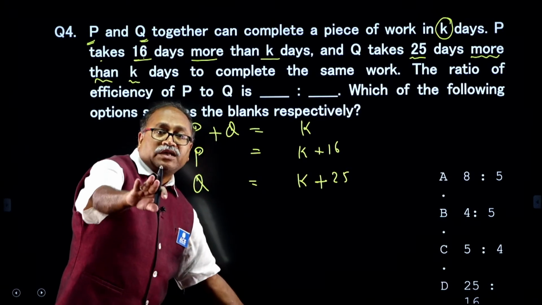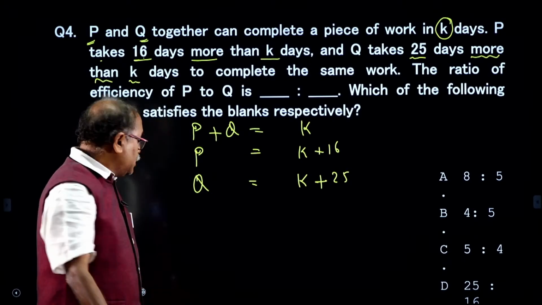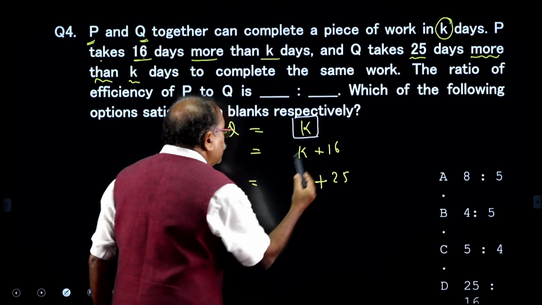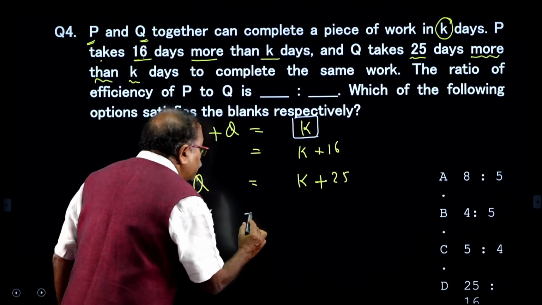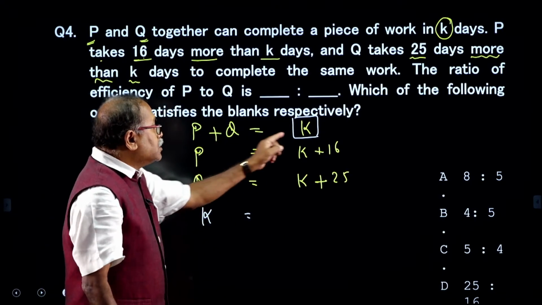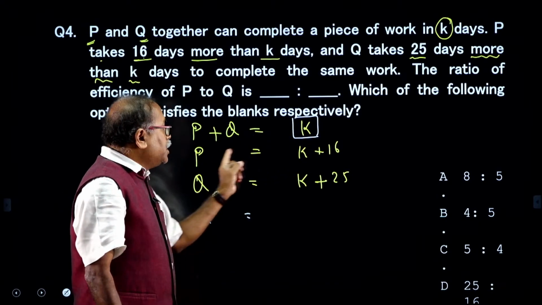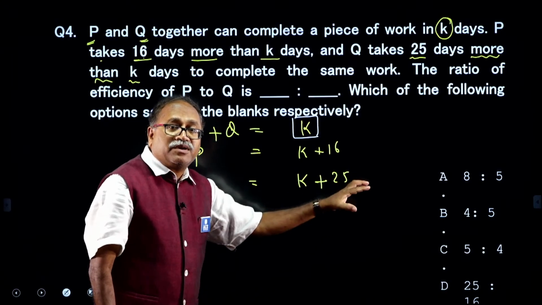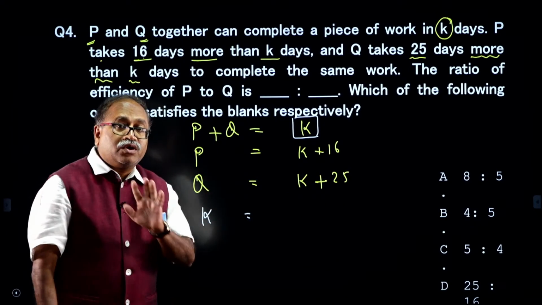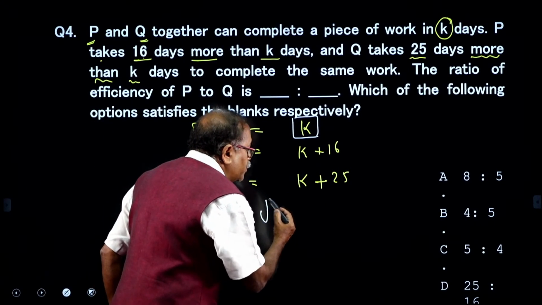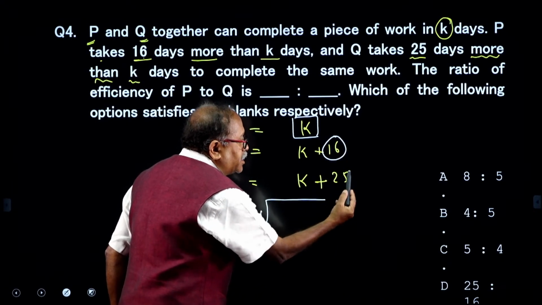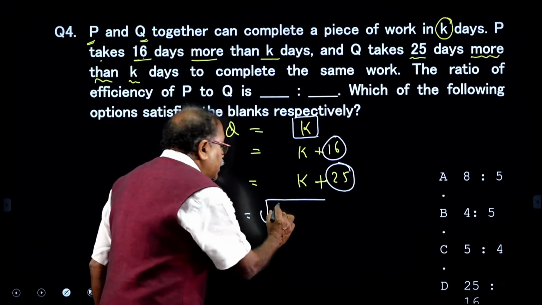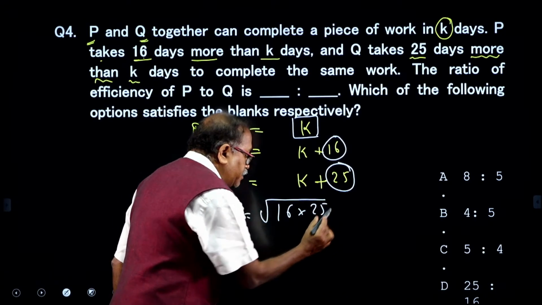Okay. Now, I am answering the question, I am showing the trick. Notice here, whenever the question says that together they can complete the work in k days, and P alone takes k plus some days and Q takes k plus some other days, then k is always the square root of the extra days multiplied: 16 into 25.